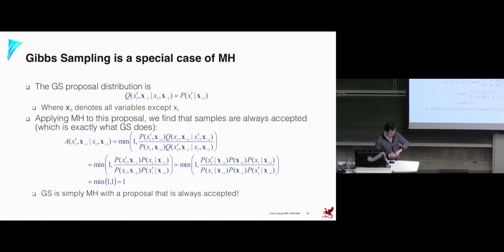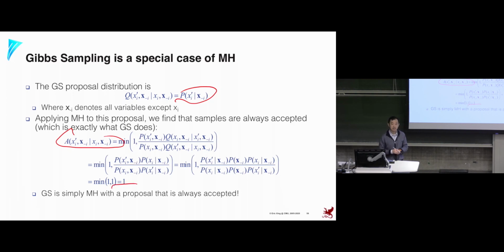Right. Okay, so I have one minute left. I have a good piece of news to conclude. If you plug in this transition kernel, which is the conditional of a single random variable given the rest in the graphical model, it turns out that your transition probability A, or your acceptance rate, becomes 1.